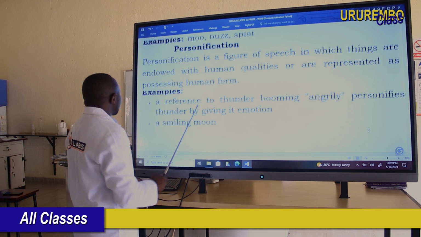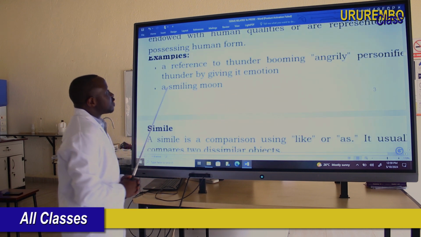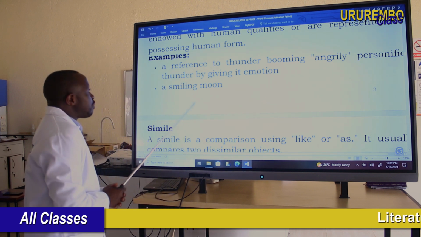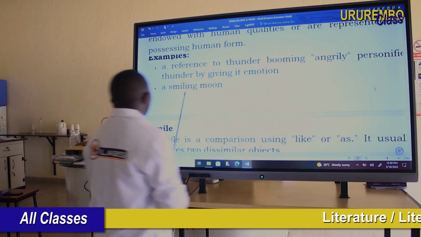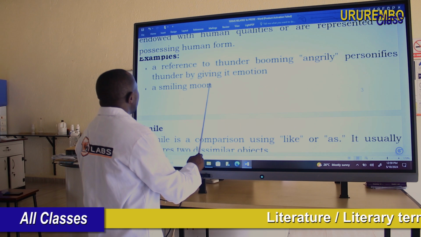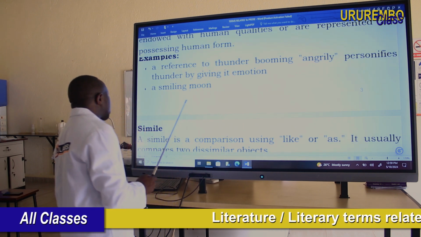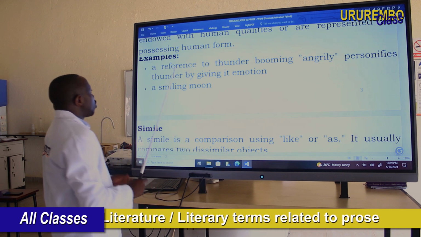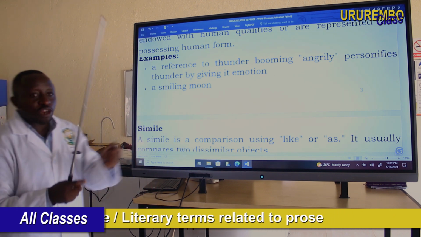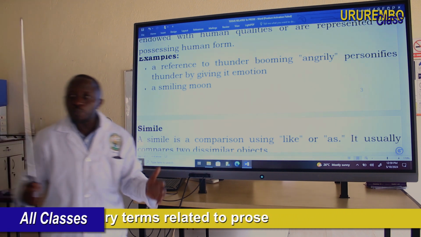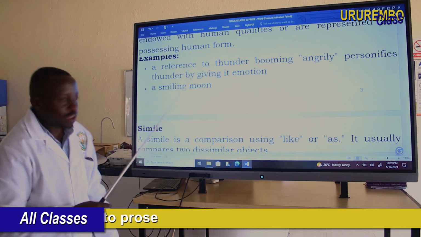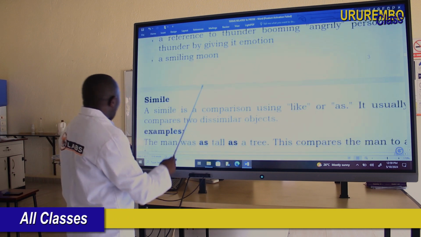Examples: a reference to the thunder coming angrily. Let's personify the thunder by giving it emotion. Or a smiling moon. You give the moon the qualities of a human being, that a moon can smile and have such feelings.